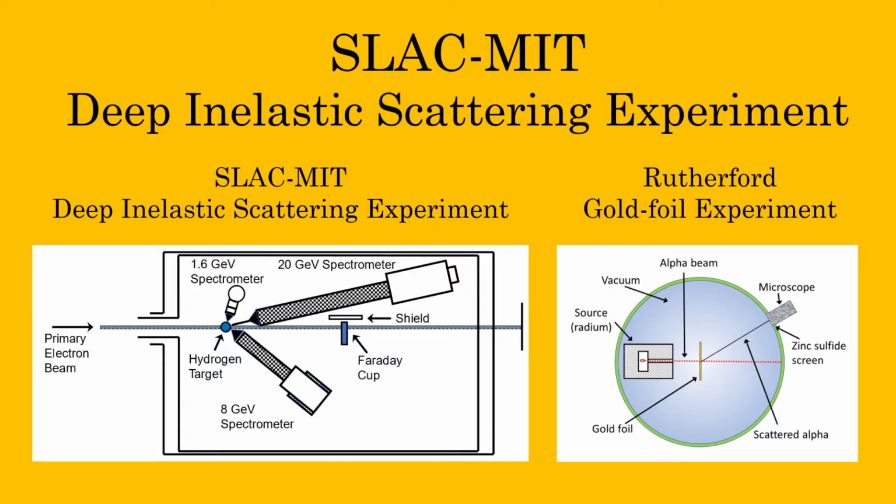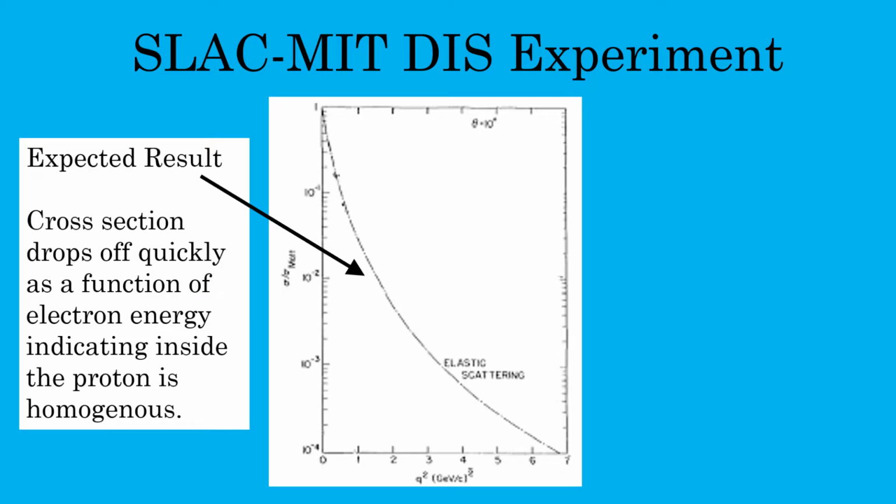These experiments were similar to the ones that revealed the nucleus of the atom, where Ernest Rutherford fired alpha particles at gold foils between 1906 and 1911. The SLAC experiments, called deep inelastic scattering, were done to probe the inside of the proton to presumably show that it was homogeneous and therefore fundamental.